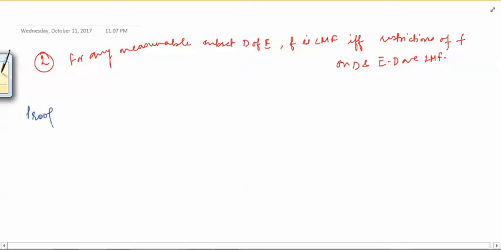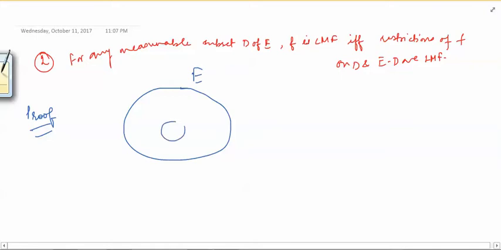So this is actually quite simple. You can just note this thing. I can draw a figure. This is your set E and this is your set D, right? D is measurable and E is measurable, okay? That is given in the statement, right?